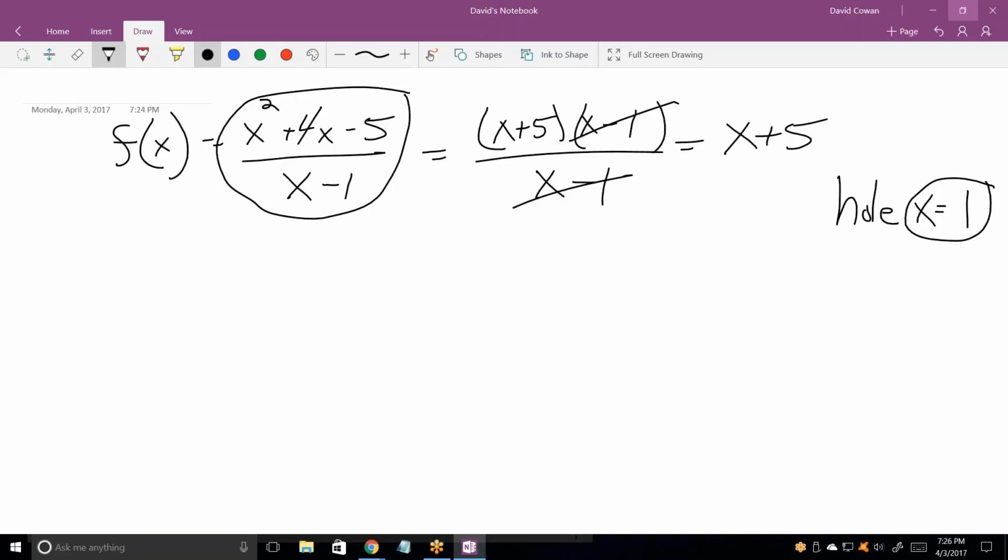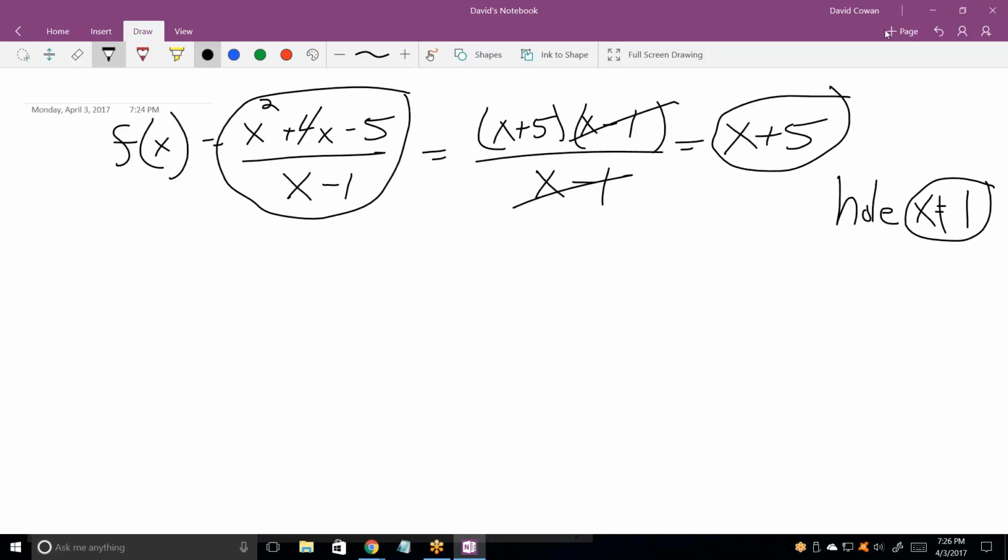Well, if x is equal to 1, that means I would be dividing by 0. Despite the fact that x minus 1 canceled in top and bottom, and I was left with x plus 5. Well, there's nothing about x plus 5 that looks like x can't be equal to 1. But the domain restriction holds, and it holds as a whole.